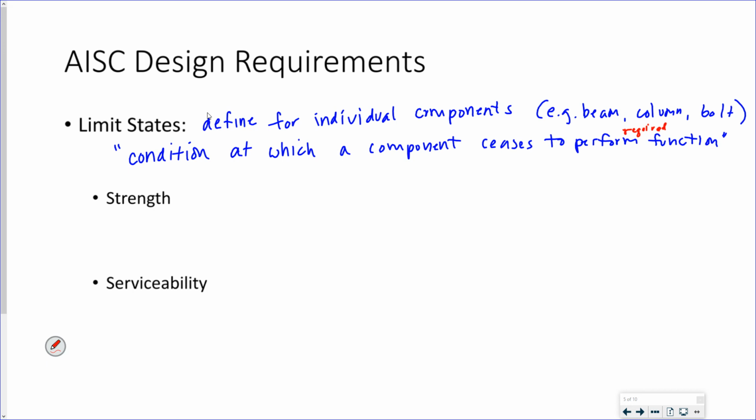The one that we always think of is strength. So, can it carry the load?